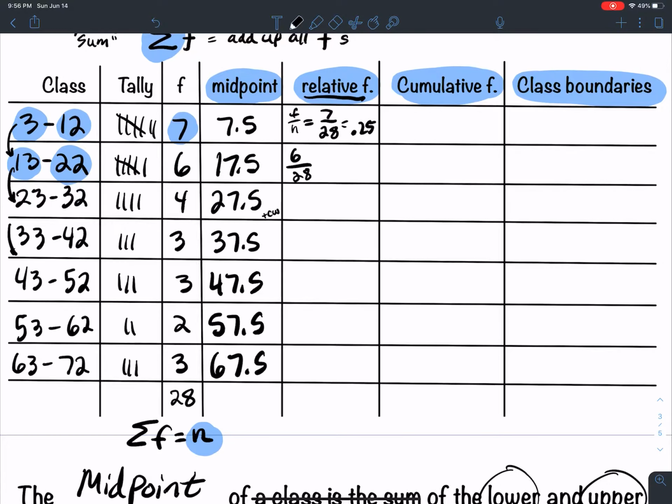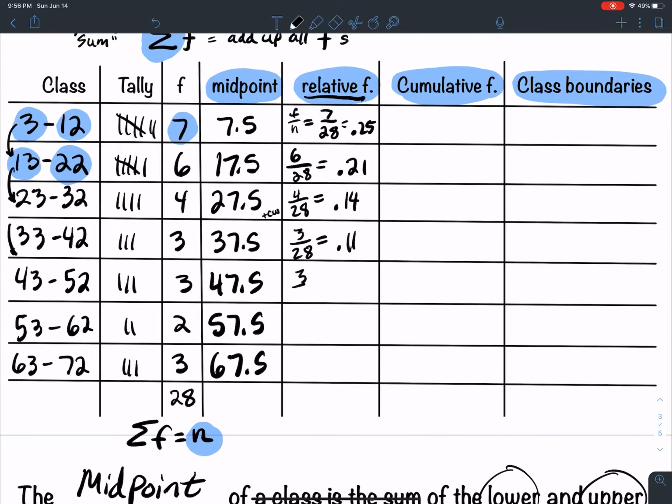And so that rounds to 0.21. All right? If I do the next one, 4 divided by 28. 4 divided by 28 is 1/7. This reduces to a decimal of 0.14. Then I have 3 divided by 28. This is going to get me 0.11.